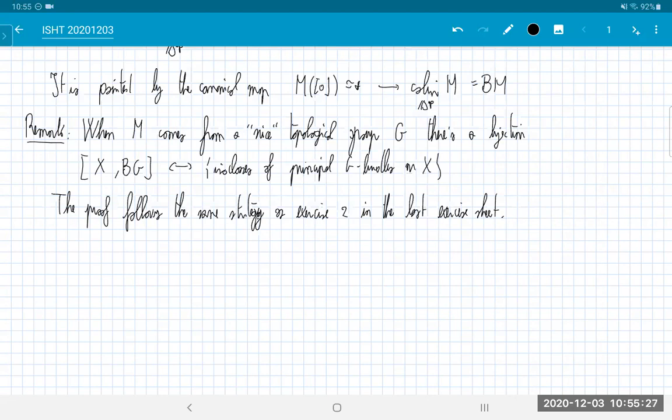So B now is a functor from monoids in spaces to pointed spaces. And my goal is to say that this is actually the left adjoint to omega.